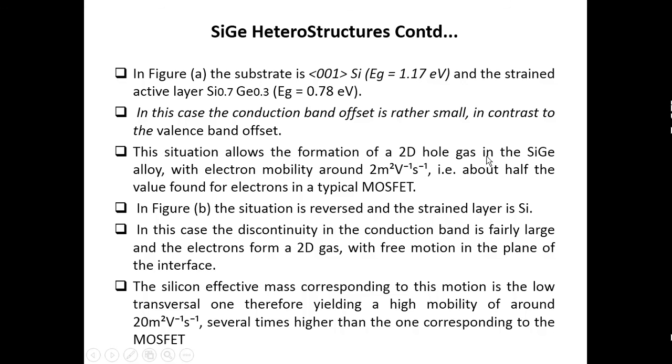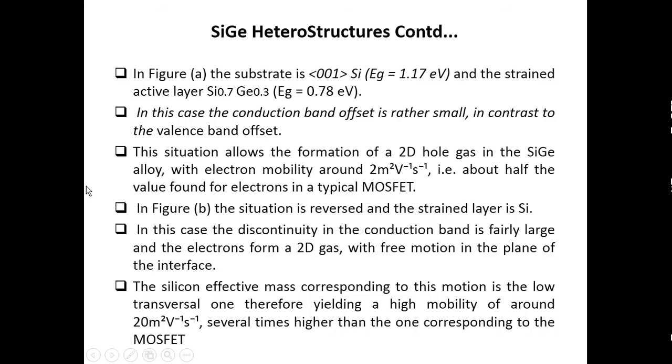So the 2D hole gas in the Si-Ge alloy is formed with a mobility of around 2 meters square per volt per second. That is about half the value found for electrons in the MOSFET. Usually in the Si-Ge structure, the mobility is about half the value of the MOSFET. So this is not a good option.